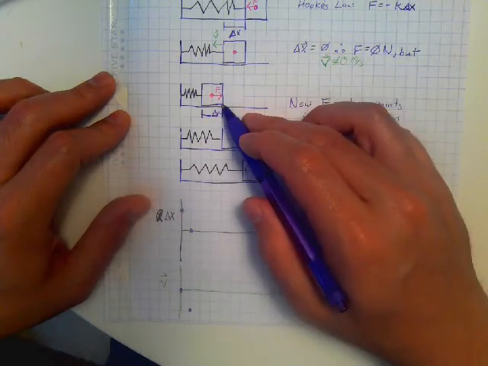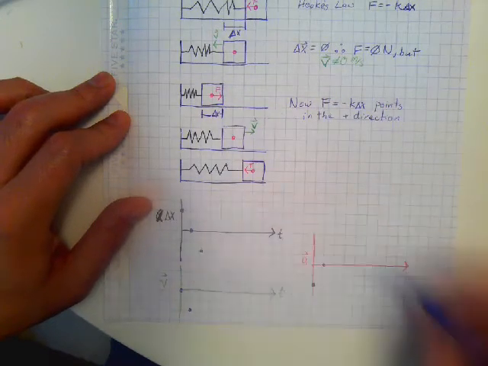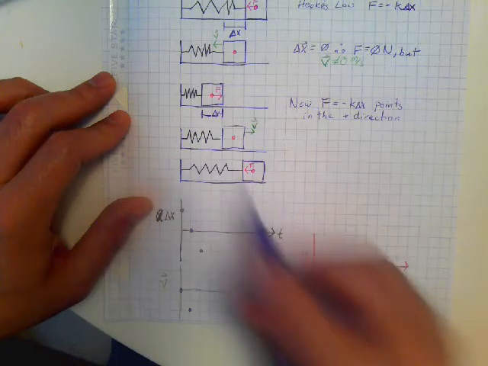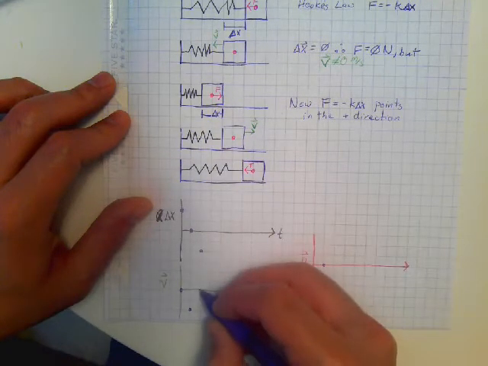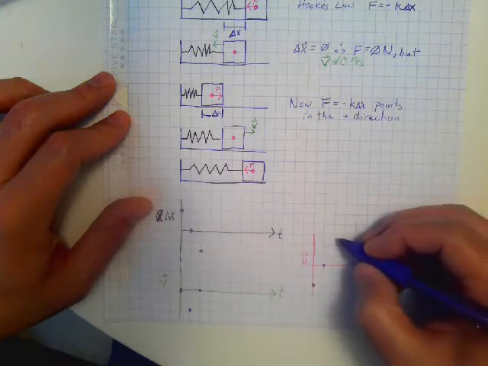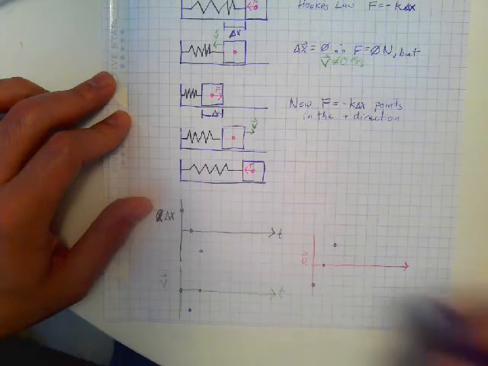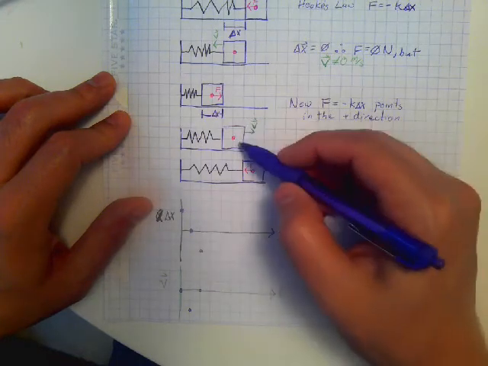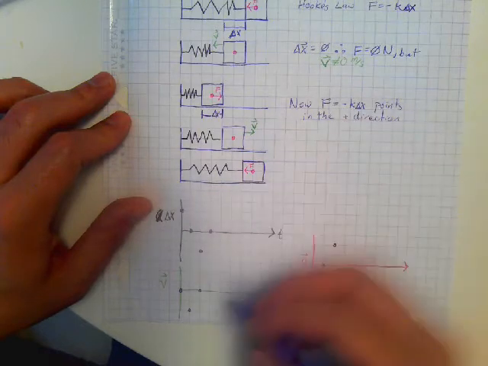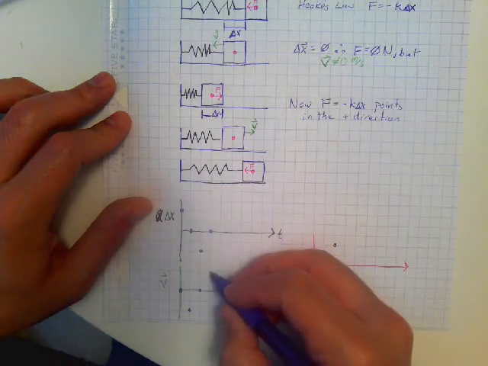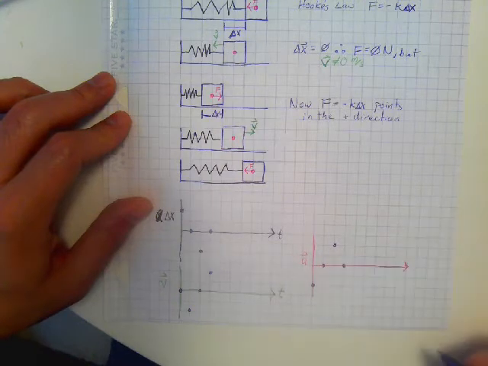Now we've got a very negative displacement here. Our velocity has stopped again, and our acceleration is pointing back in the positive direction. Here we're back at equilibrium, so we're back to 0, but our velocity is now pointing in the positive direction, and our acceleration is back to 0.